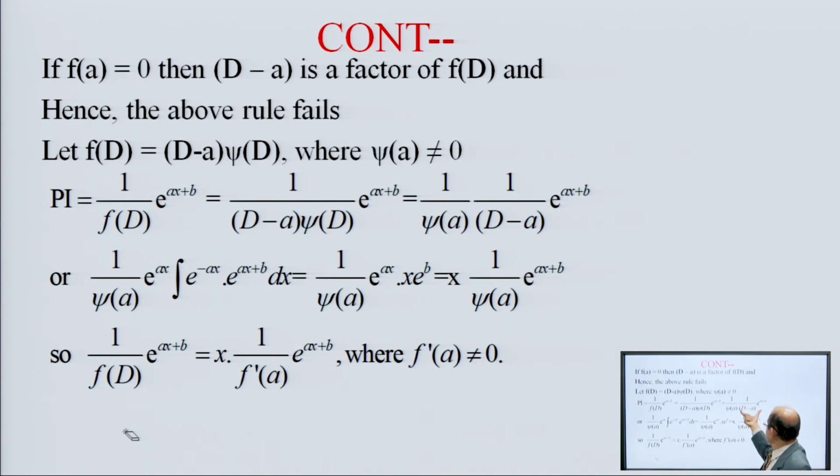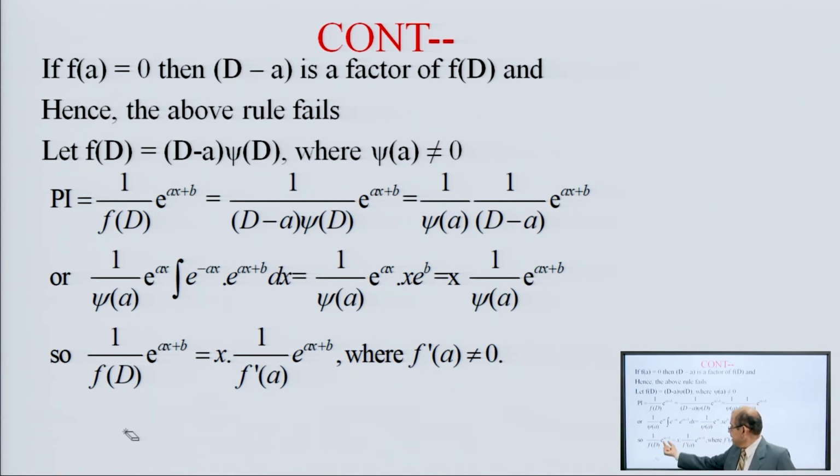The solution of this we have already obtained in the previous slide: e^(ax) integral of e^(minus ax) into e^(ax+b), 1 by phi(a) e^(ax) into x e^b, which gives 1 by phi(a) x e^(ax+b).